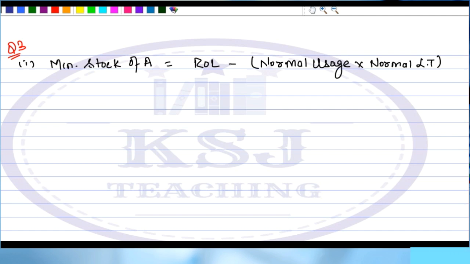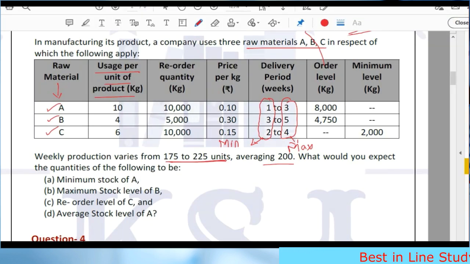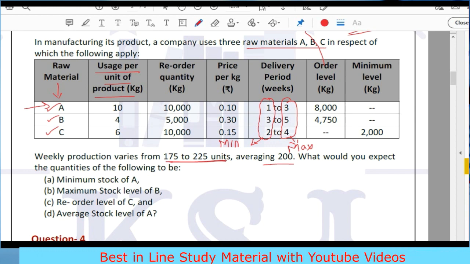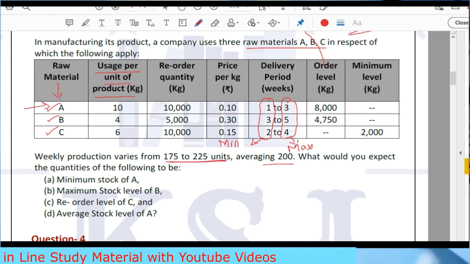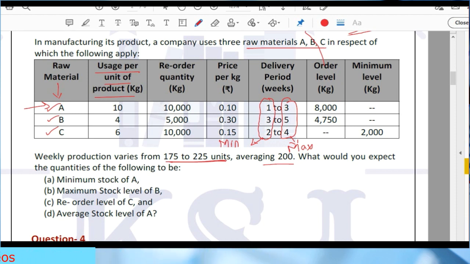Now, what is the reorder level for A? Be careful with the difference between reorder quantity and reorder level. Reorder level is the level at which we place a fresh order, and the quantity of that fresh order is known as reorder quantity.